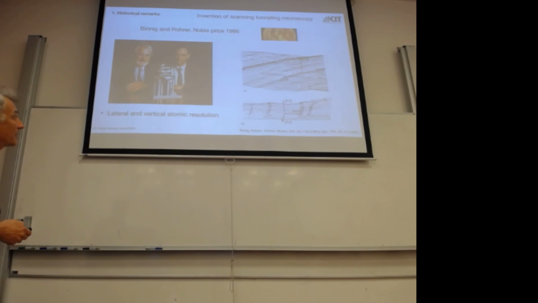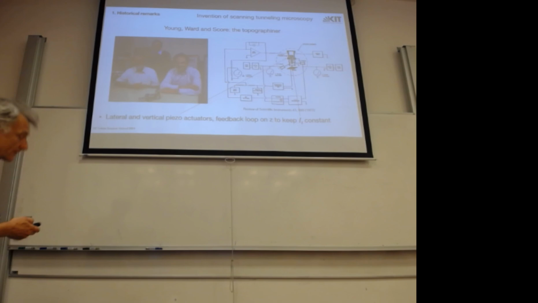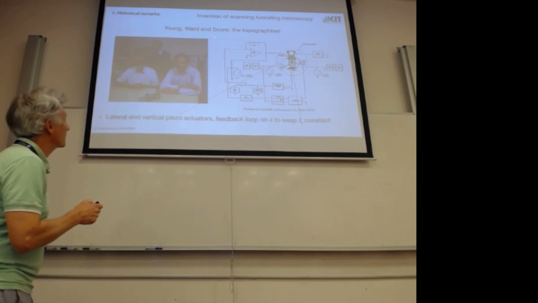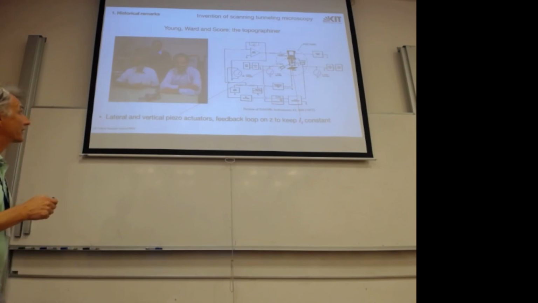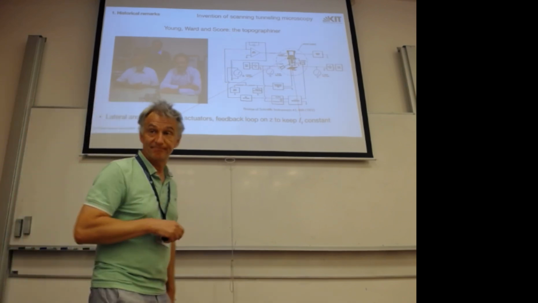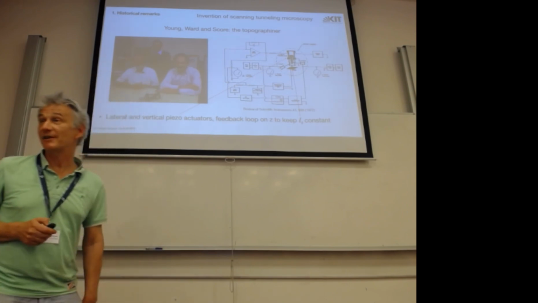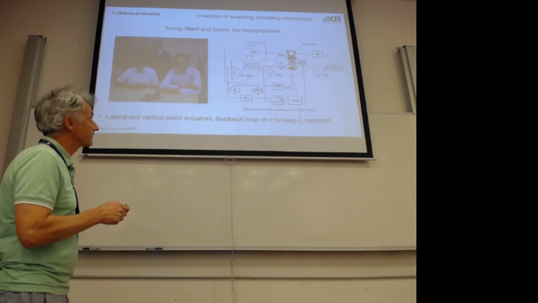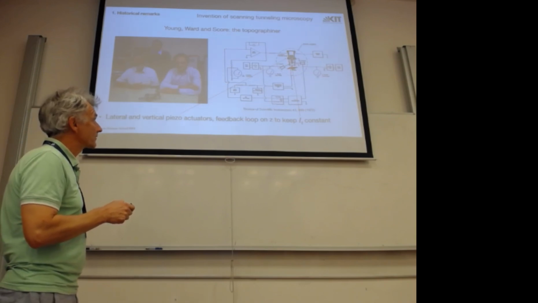But what is maybe less known is there are 3 other gentlemen, Young, Ward, and Scire, that invented the topografiner, and that was 10 years before, in 72. And that is the STM. It's exactly everything that is in STM. We have a tip in front of the sample, a bias voltage between the tip and the sample.